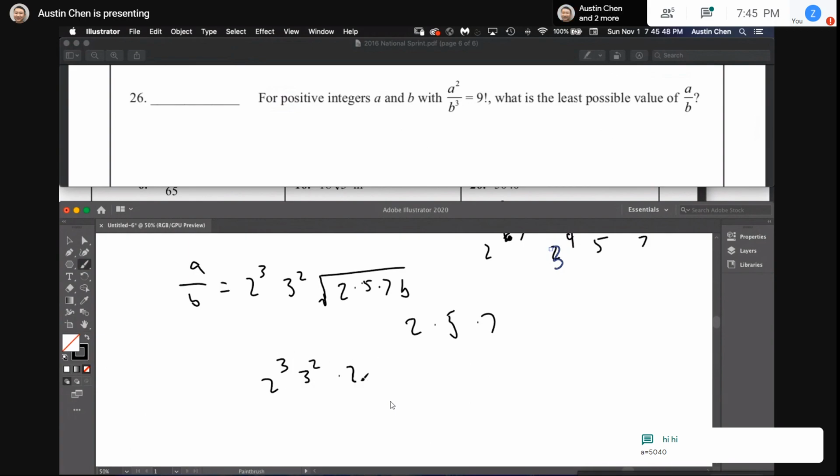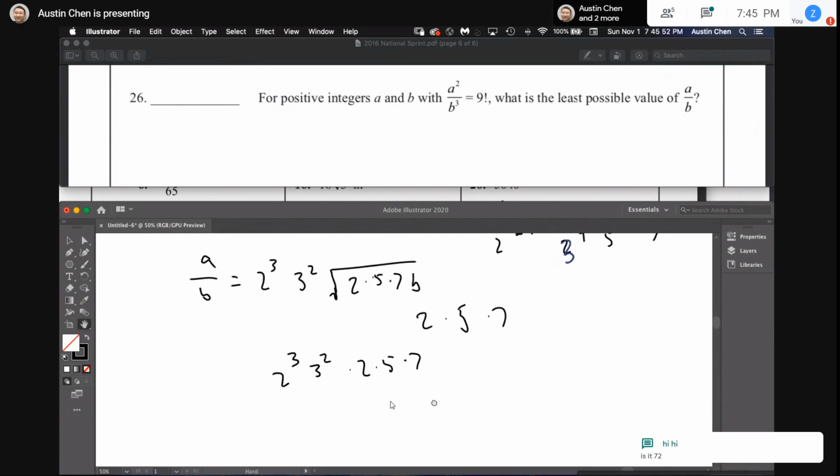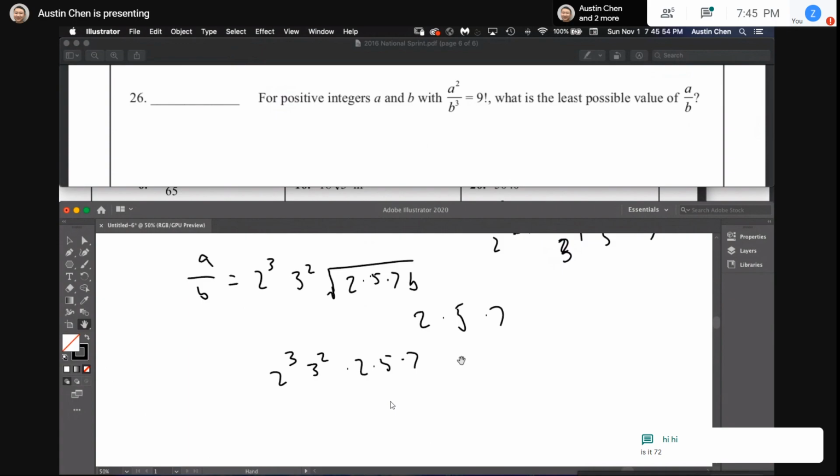So we're going to get a 2, 5, and 7 out. I'll call the rest of b x if we ever need it. So then we'll have a over 2, 5, 7 over x equals that.